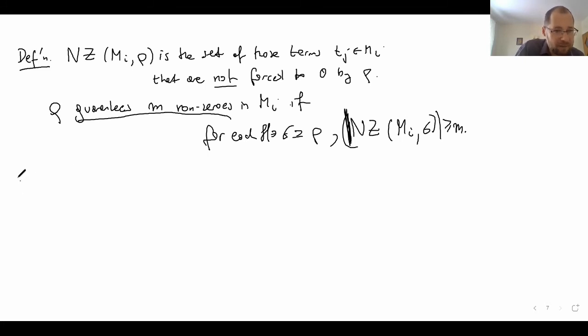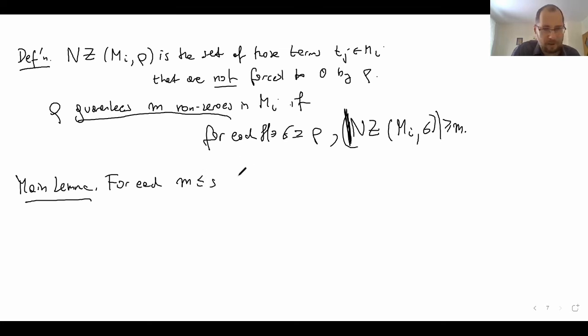And here's the main lemma, which we'll have time enough to sketch. We'll first derive the result from it, the contradiction, and then we'll prove the main lemma. So for each m that's smaller than s, there exists a rho, we could call it rho m, within the duplicator's family, and there exist numbers i, j.